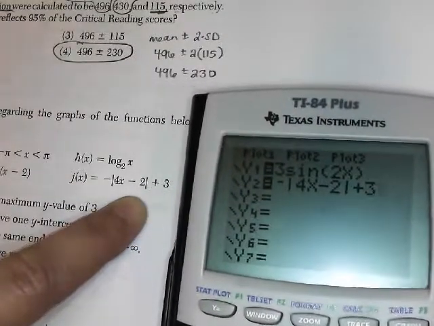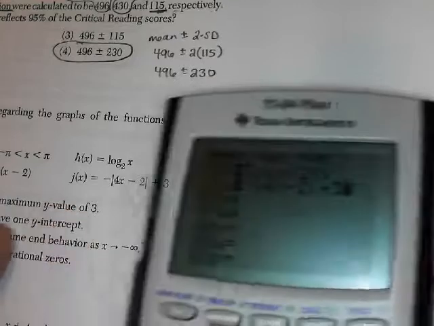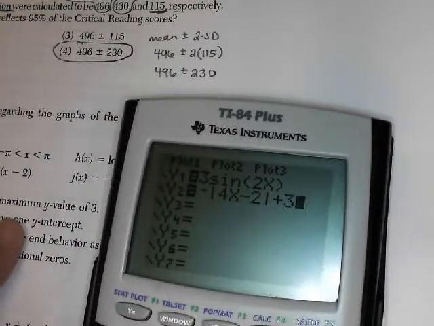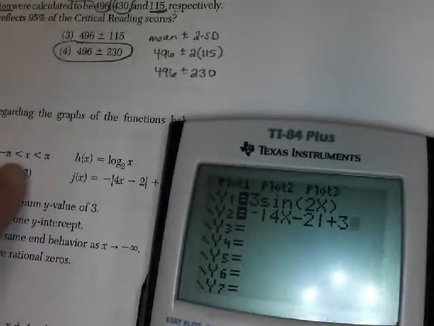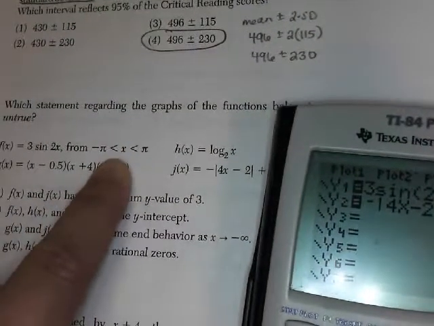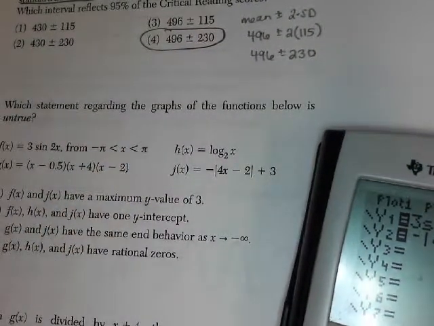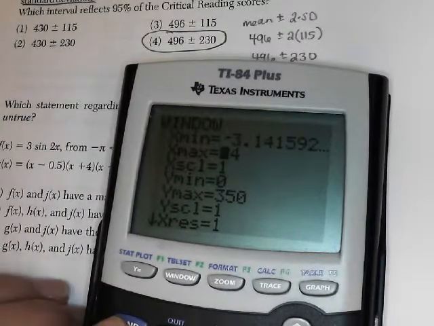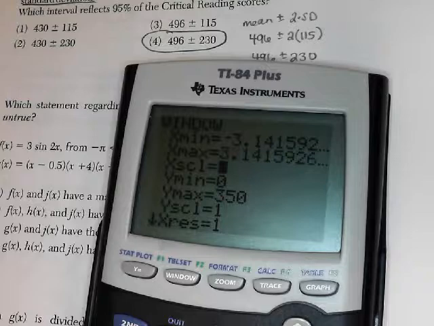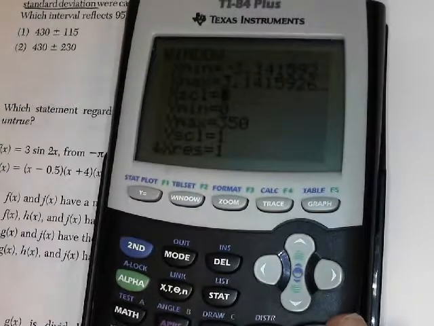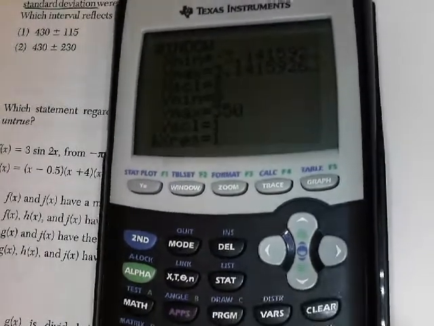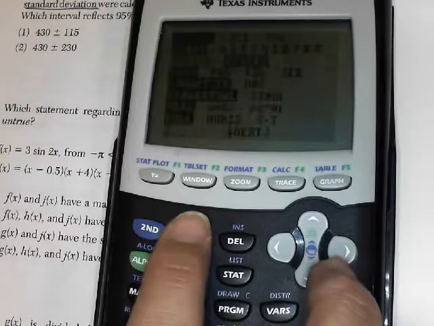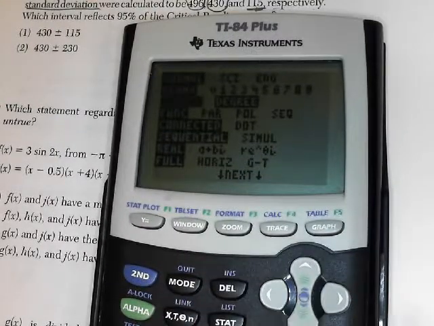We're going to check and see what their maximum values are. Now, as far as the first function, they did give me an interval from negative pi to pi, so I want to limit my window from negative pi to pi. That's the only section I'm looking at. You're graphing a trig function, so your mode should be in radians, which it's not, because someone used my calculator recently and put it in degrees.